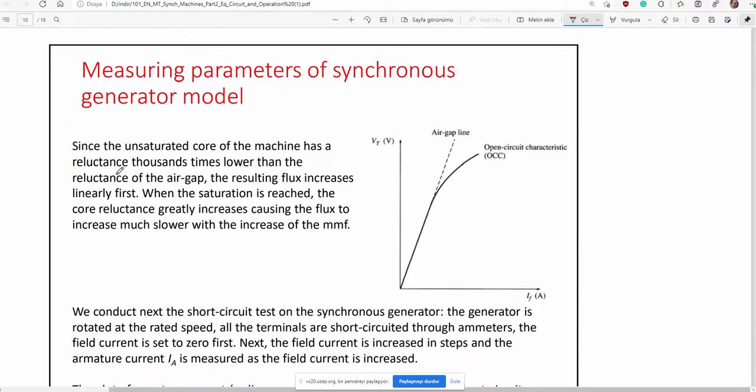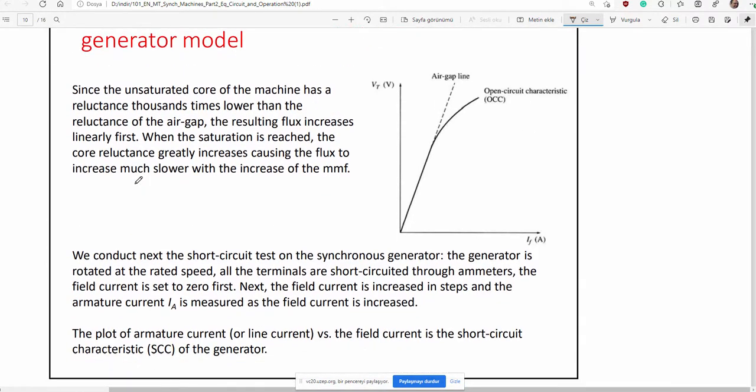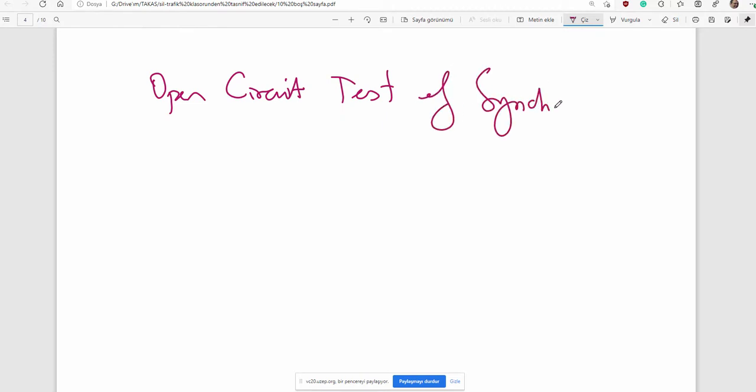In the open circuit test, let me draw the connection diagram. Open circuit test of a synchronous generator.